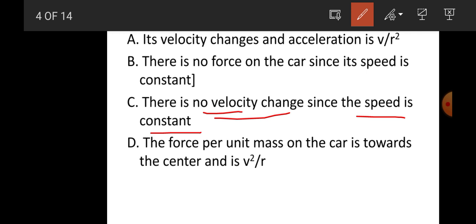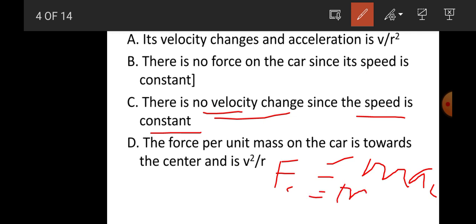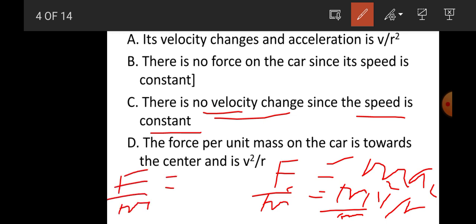D: the force per unit mass on the car is towards the center and is v square over r. Force per unit mass on the car ይሄ ማለት ምንድነው? Force is equals to mass times acceleration, centripetal force is equals to mass times centripetal acceleration. ይሄ ማለት mass times centripetal acceleration ደግሞ v square over r ነው። ስለዚህ both sides divide by mass, force over mass is equals to v square over r.